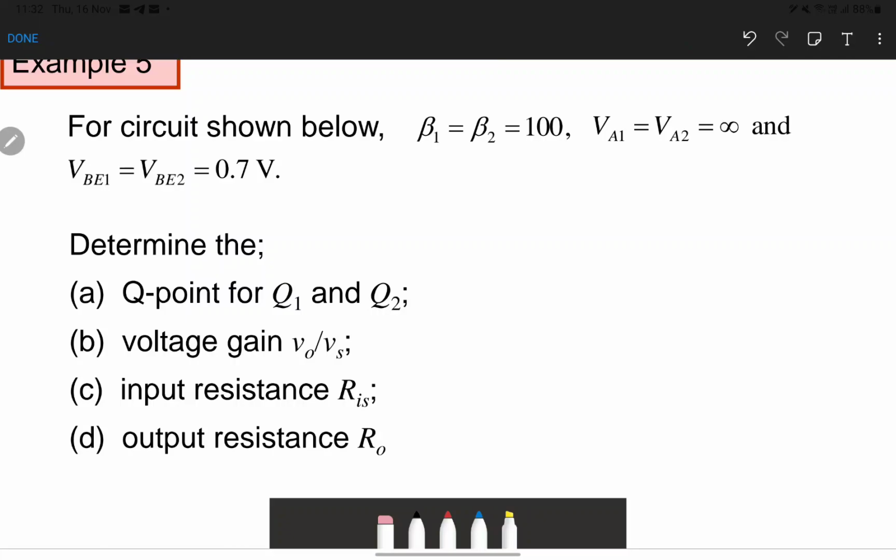To gain up your understanding, let's do some exercise with the given values and circuit.